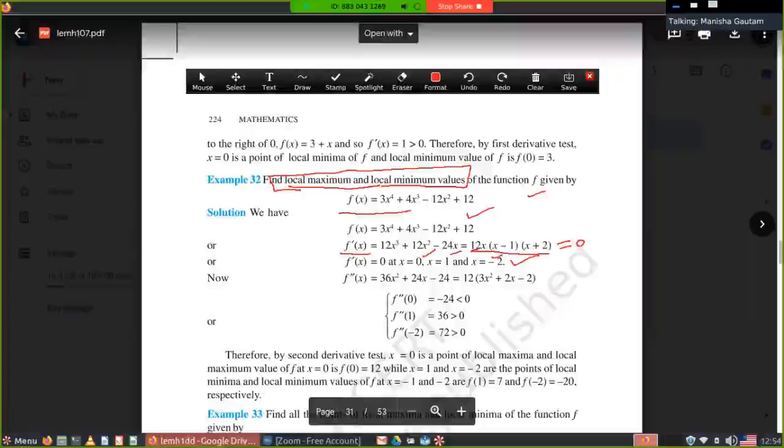First check by using the second derivative method. Take the second derivative of the function. This is the second derivative, and we check it at x equal to 0. The value of the second derivative comes out to minus 24, negative. A negative second derivative means maxima at x equal to 0.